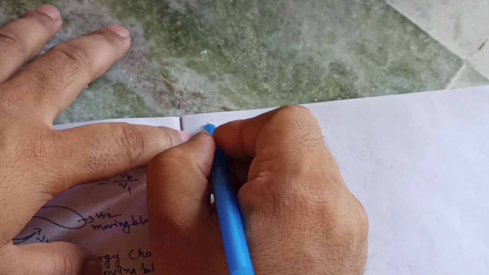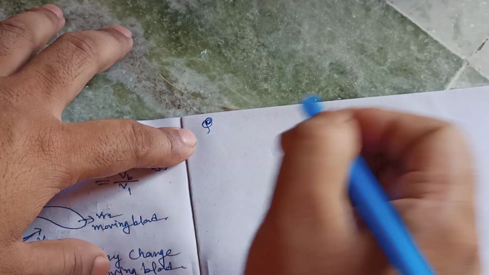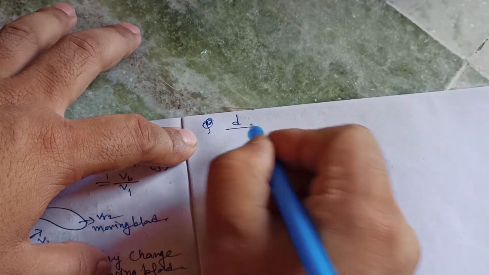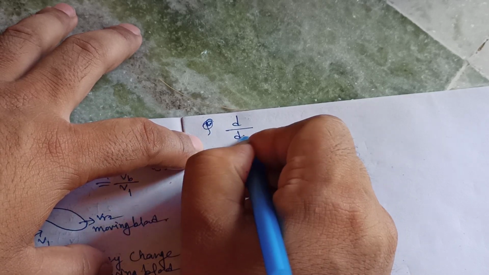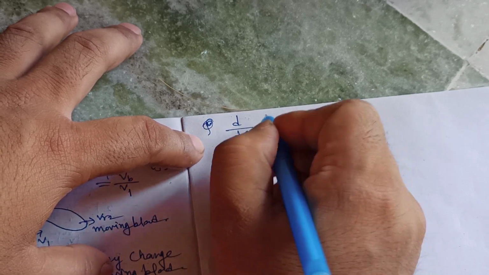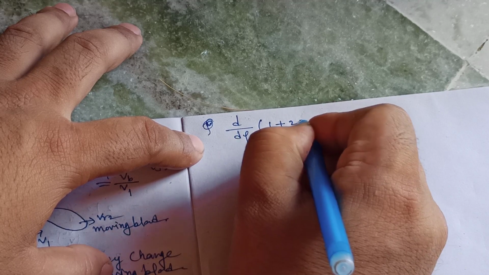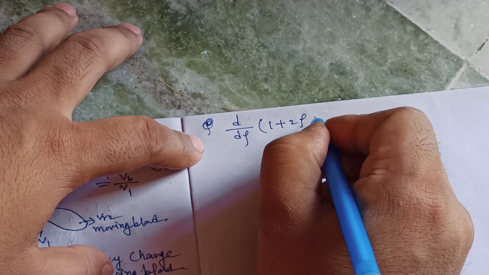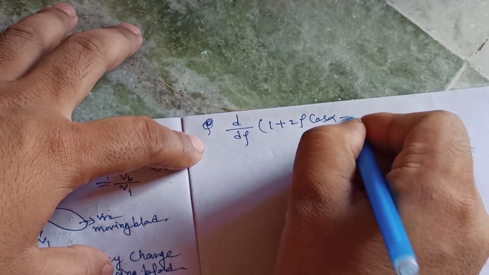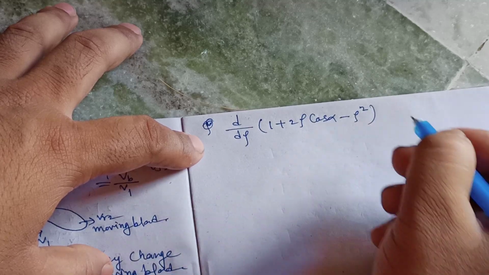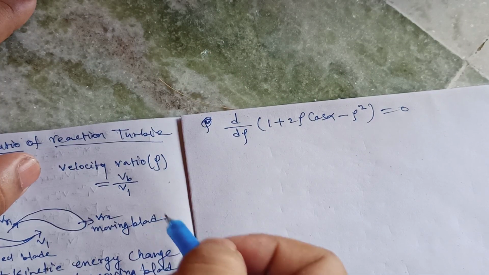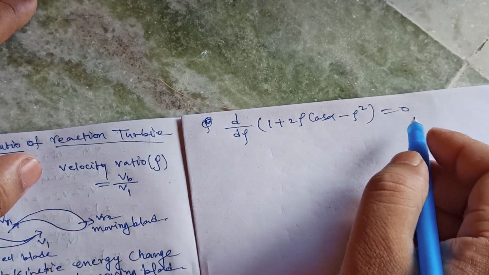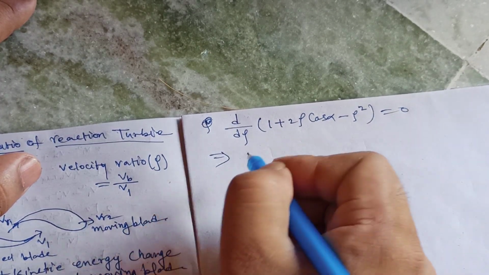So I want to maximize this value. Differentiate this equation with respect to d rho: d of (1 plus 2 rho cos alpha minus rho square) equals 0. To maximize this equation, we differentiate and set it equal to 0.